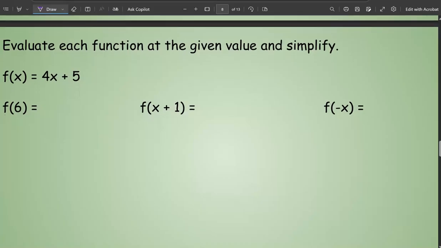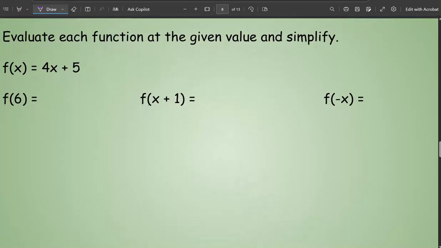Evaluate each function. So I'm giving you f of x is equal to 4x plus 5. I'm asking you to find f of 6. Remember, this is your x value. This is what y is going to be because f of x equals y.